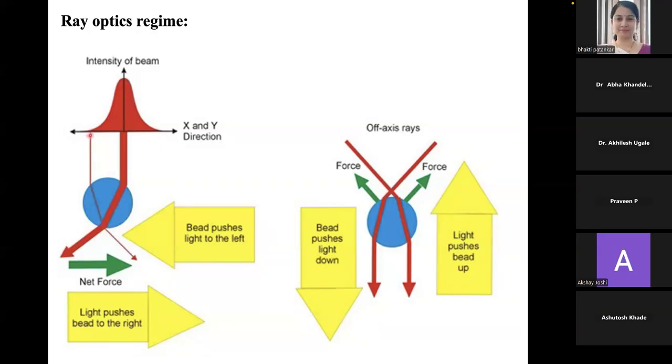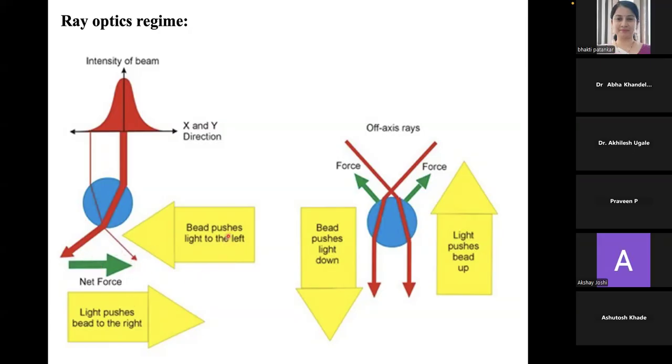Whereas rays from the edge of the beam are shown in a thinner ray, which means the force they impart is lesser in magnitude compared to what we have here on the right side. So you can use simple physics to infer from Newton's third law that the reaction force or the net force will be towards the right.